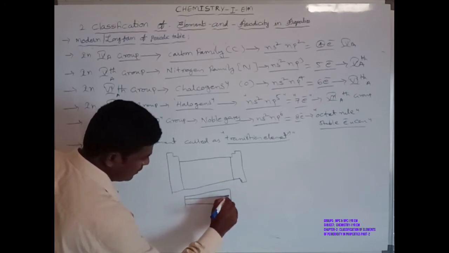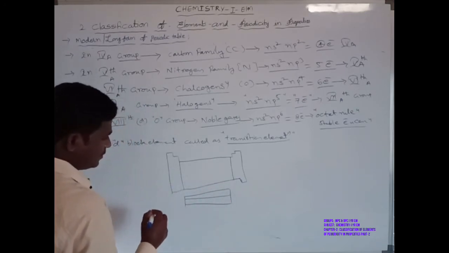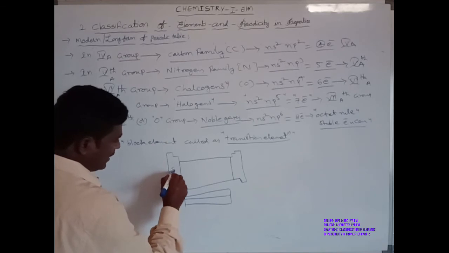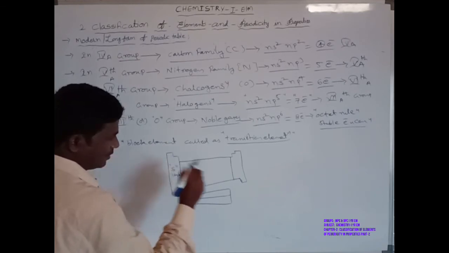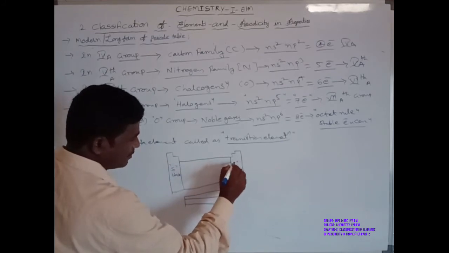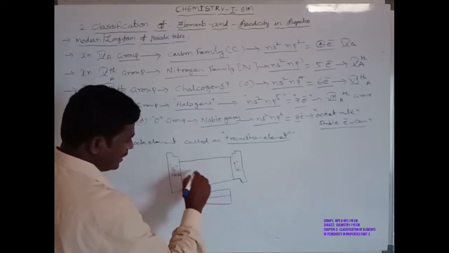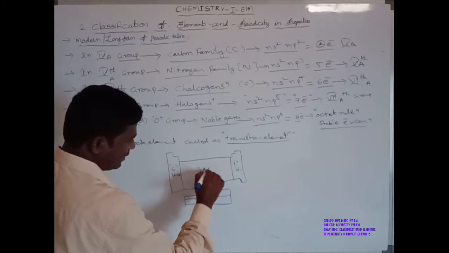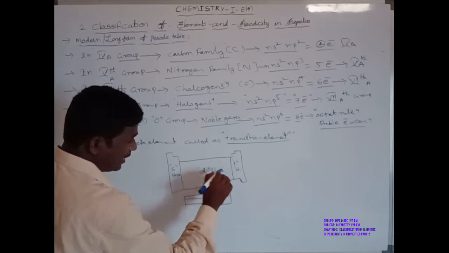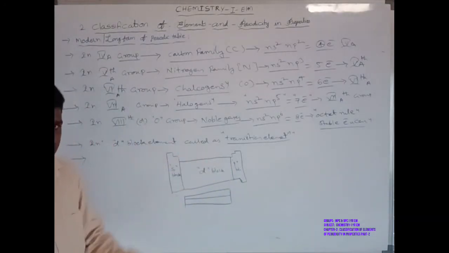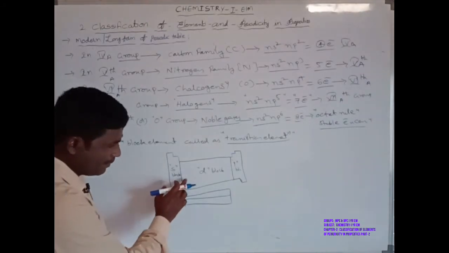Here is the first one, the S block elements. Second, the P block elements. Next are the D block elements, arranged between the S and P block elements.